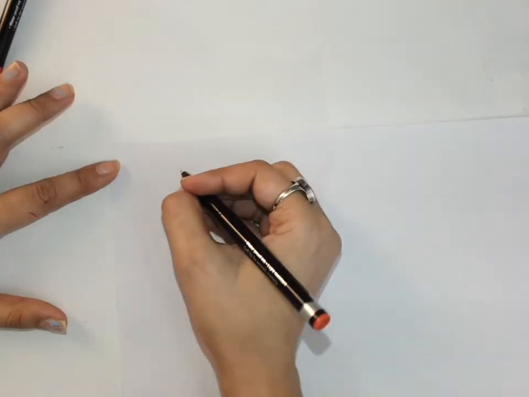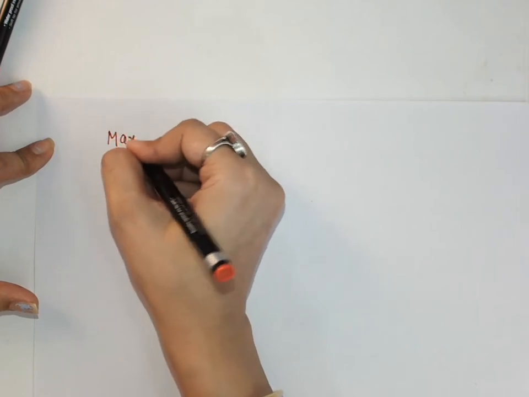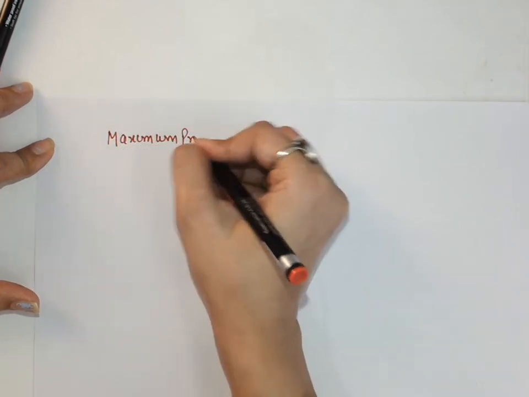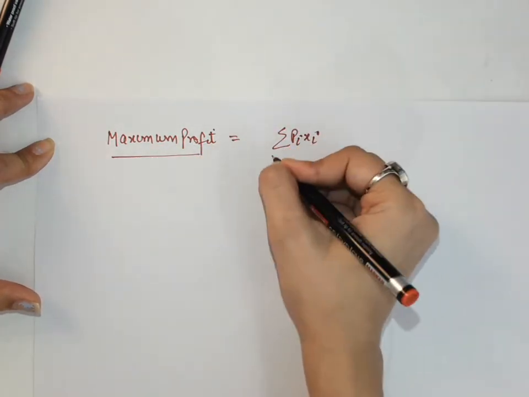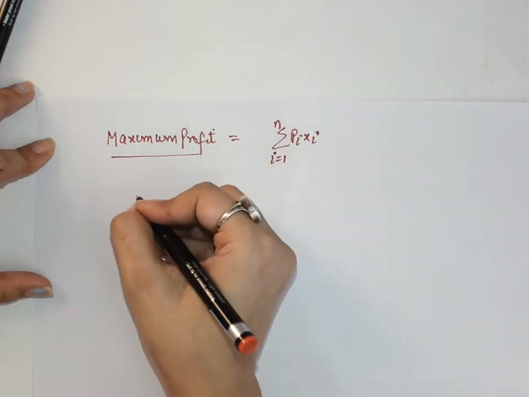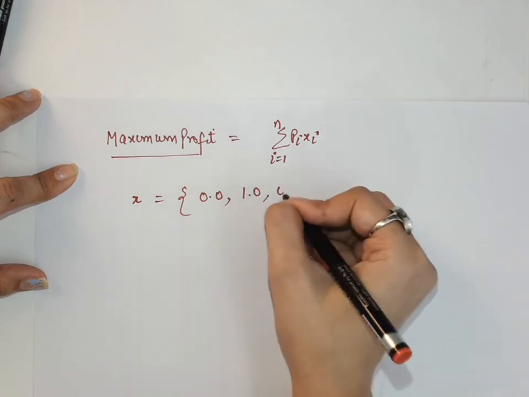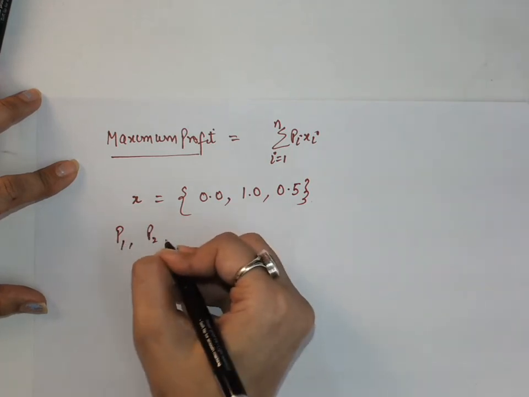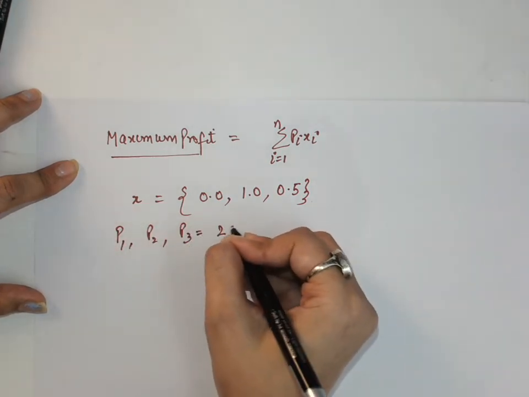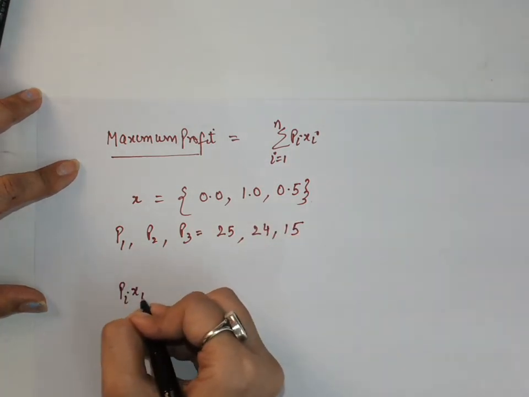So now I have to calculate maximum profit. That would be equal to the sum of Pi Xi, i from 1 to n. And what is my X that I have calculated earlier? Profit is given. So calculate this.